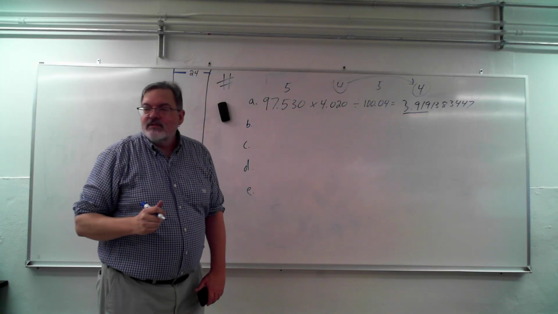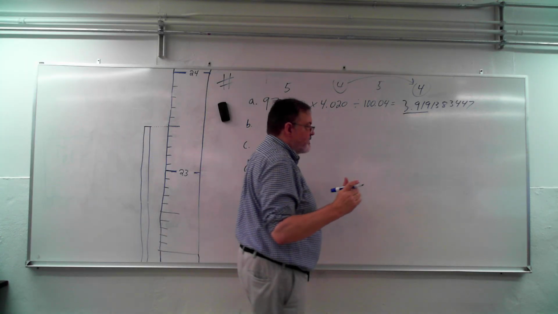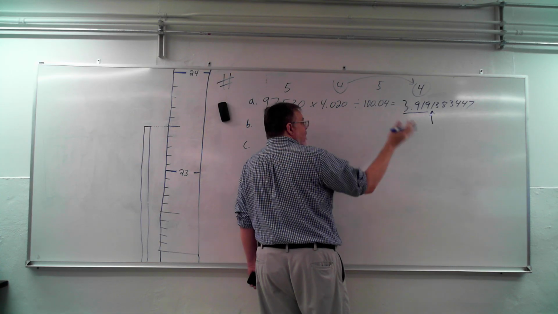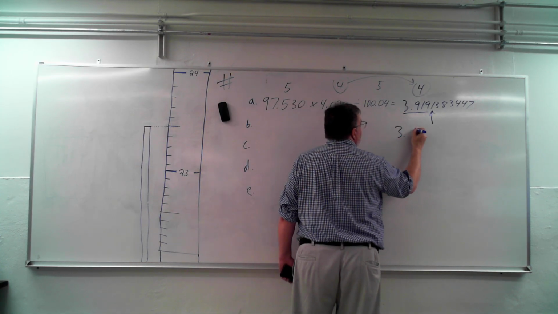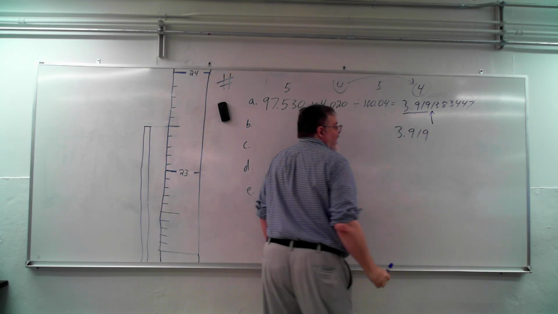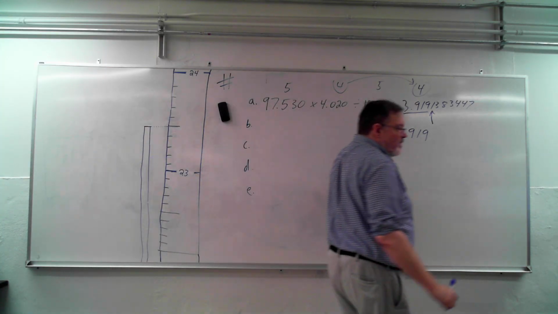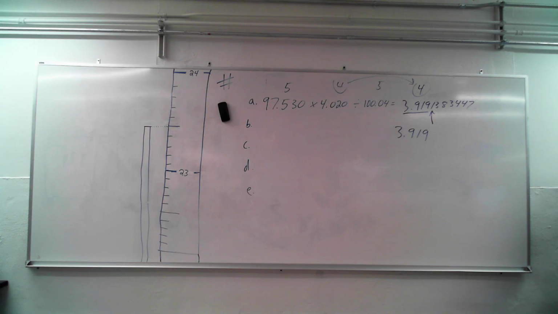And now what do I do next? See if it rounds. I look at that next digit over, the 1. That does not round the 9. That's the answer. Multiplication division. Hopefully that's what I have in my PowerPoint. 3.919. So I did put that here. Let me go to the next. These are all multiplication division rules.